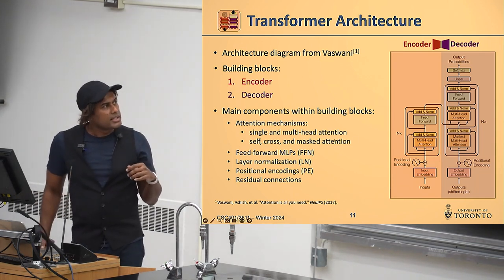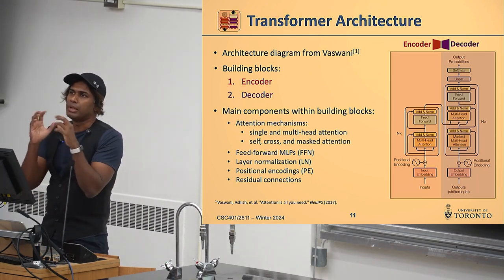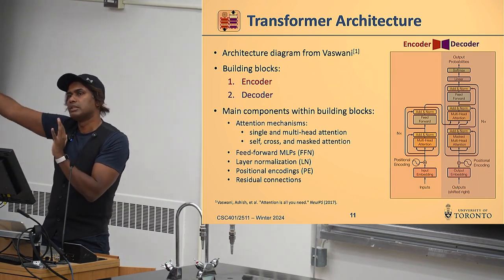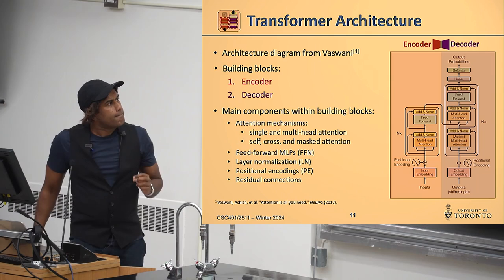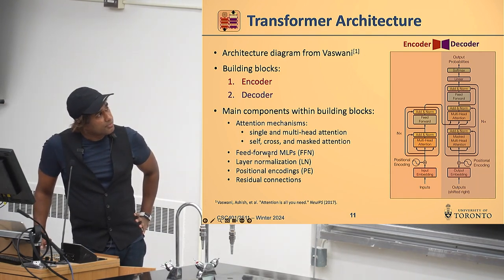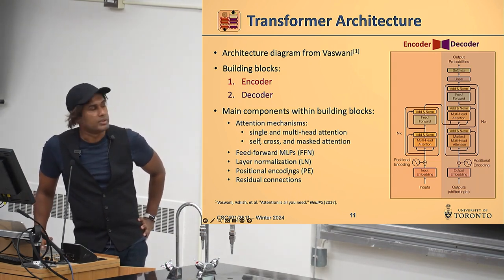And the masked attention is the same as self-attention, but we apply it for the decoder case, and we mask it so that the decoder doesn't get to see the future tokens. Then the bottom 4 are the other sublayers, like the feed-forward MLPs, and then layer normalization, positional encodings, and residual connections. The bottom 3 are the bells and whistles.